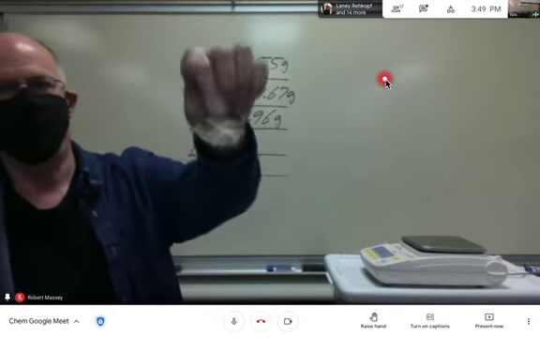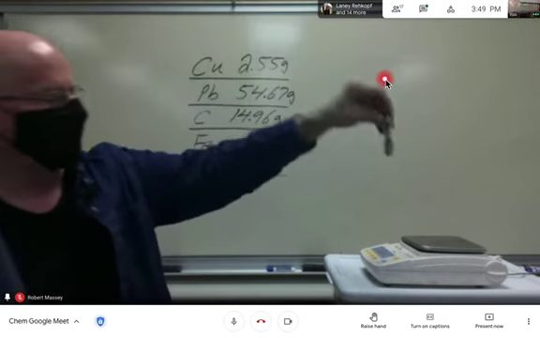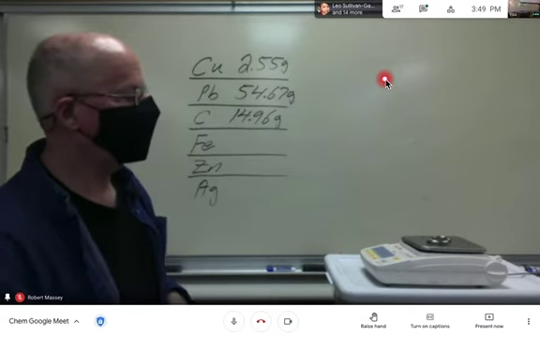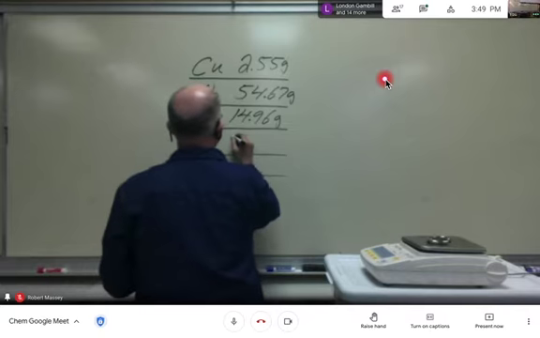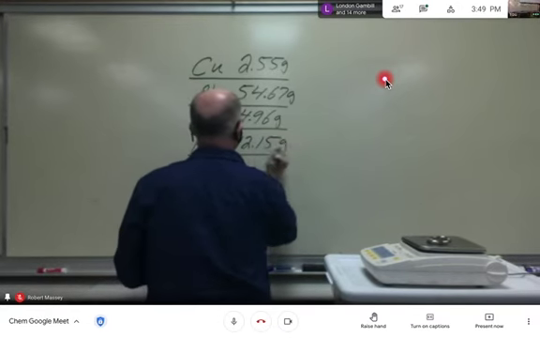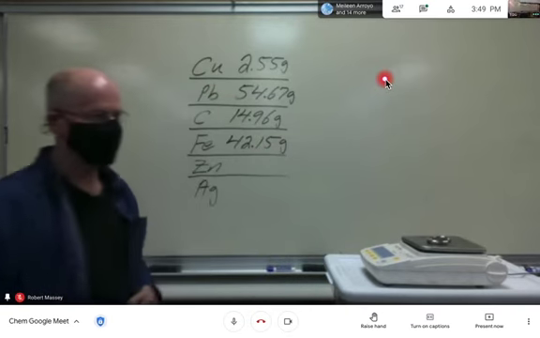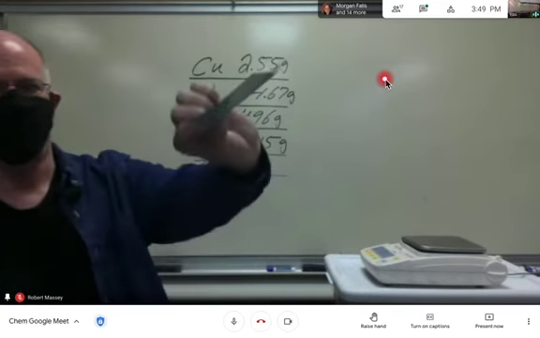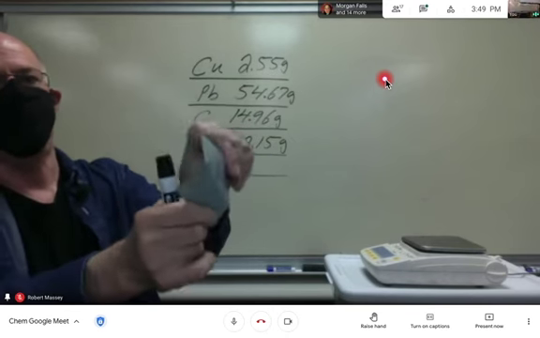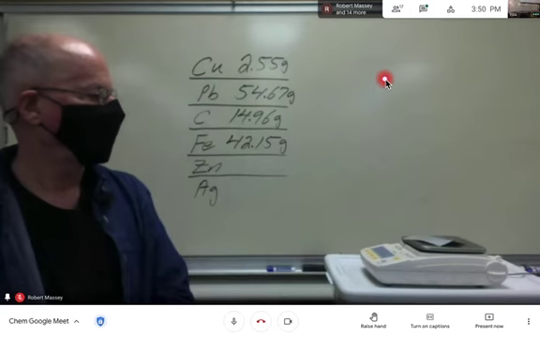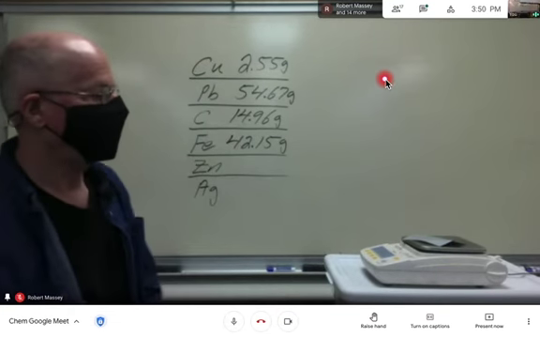So I'm just going to use a little iron S hook here. 42.15 grams. Then just a piece of zinc, just a zinc foil. 17.77 grams.